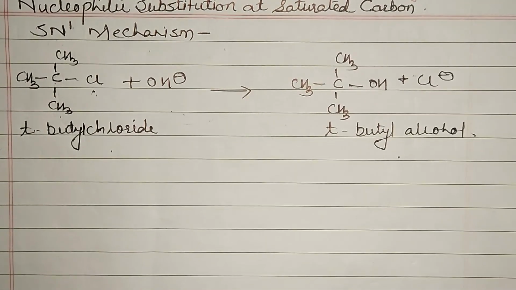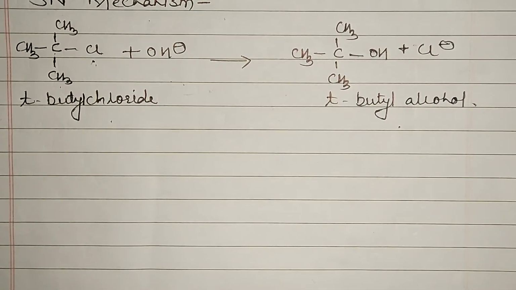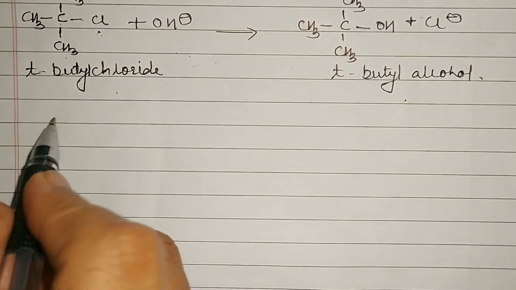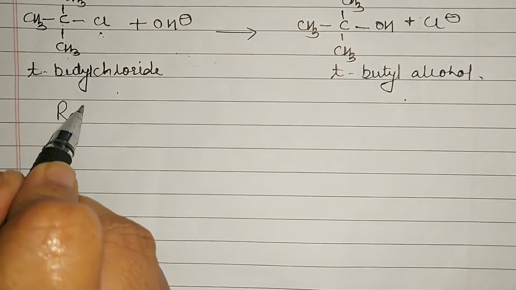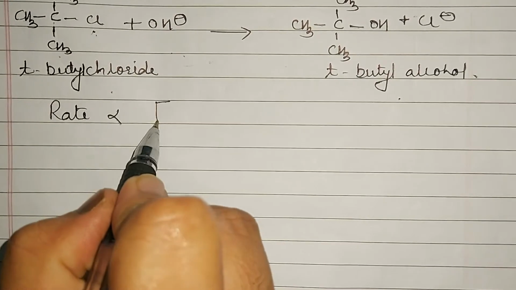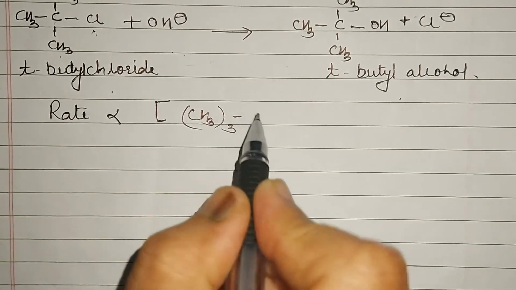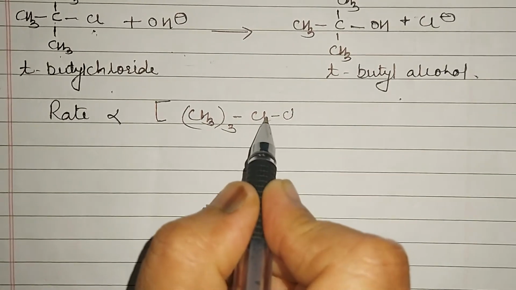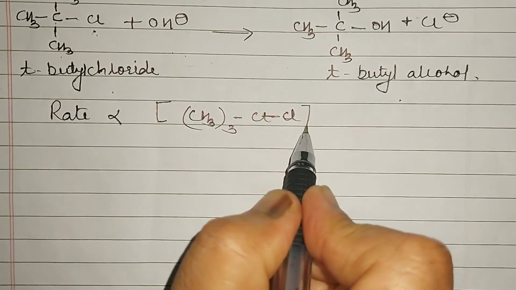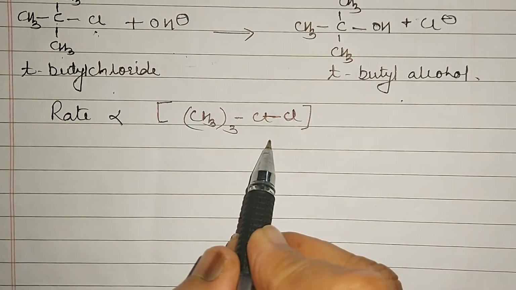This SN1 reaction is a two-step reaction, and from its kinetic study we observe that the rate of reaction is directly proportional to the concentration of (CH3)3CCl, that is, the concentration of tertiary butyl chloride only.